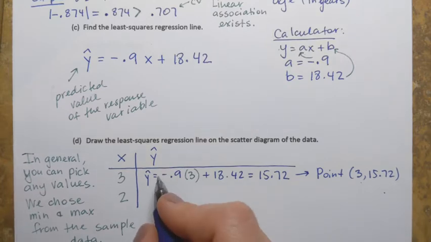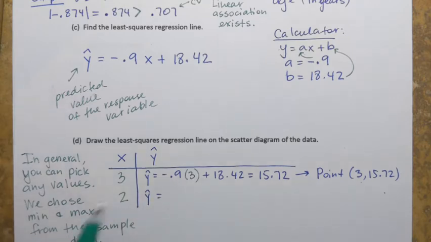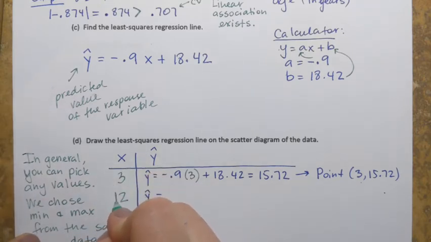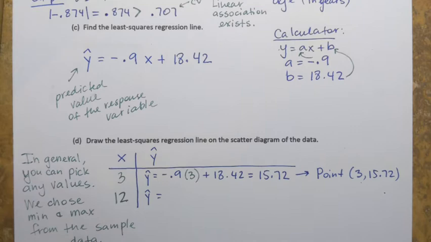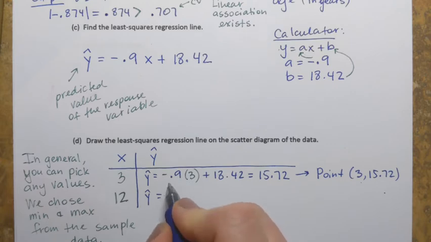So now let's find the second point, and we're going to repeat the steps. Oh, I should have said 12 here, right? Not 2. I'm sorry if I confused you. So that's 12. We're going to plug 12 into that same equation, the regression equation.